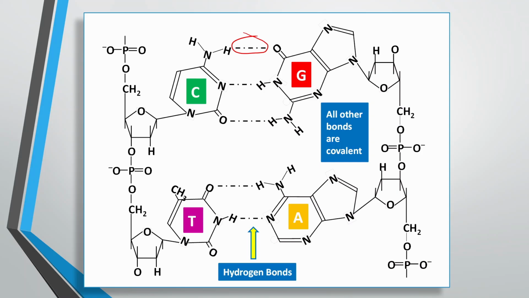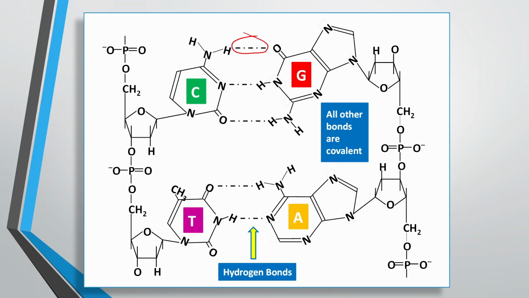are found between the bases, and notice that there's a different number of them with G and C as there is with A and T. So let me get to that here in a second. First of all, let me remind you, all the other bonds are covalent in the rest of the molecule, and then you have the hydrogen bonds between the bases.